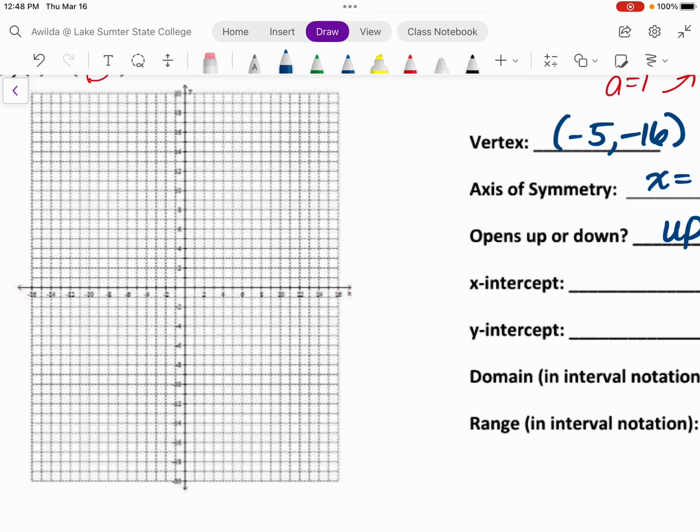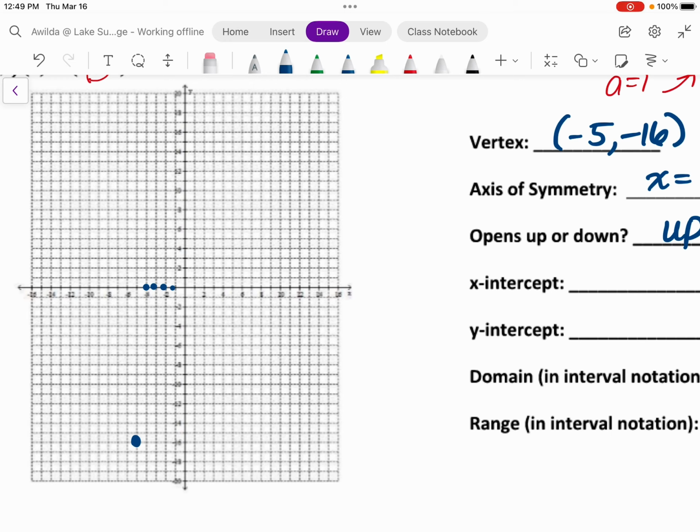So negative 5 for x, and then negative 16 all the way down here. I hope I got that right. 1, 2, 3, 4, 5. Oh, I missed it by 1. I'll go back and erase that dot. Okay, there's the vertex.